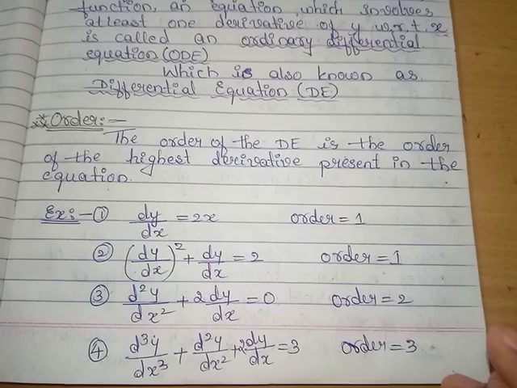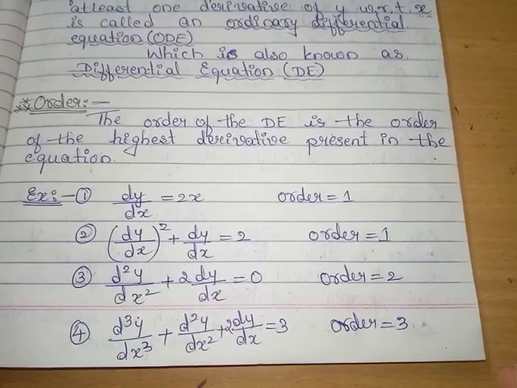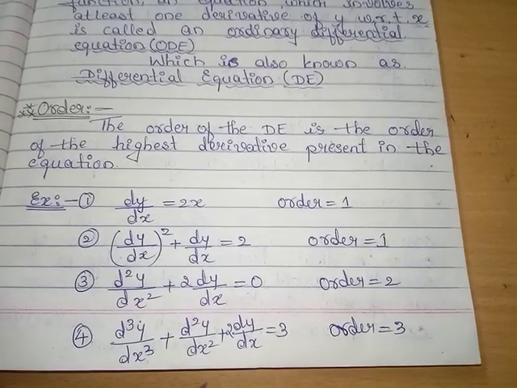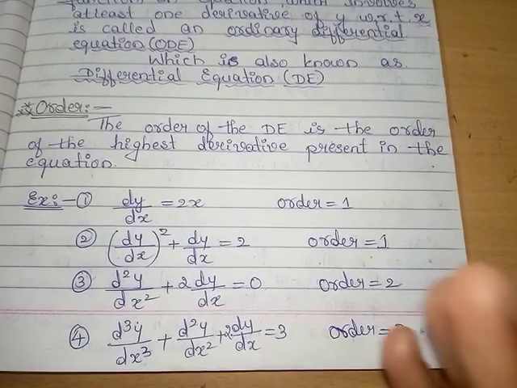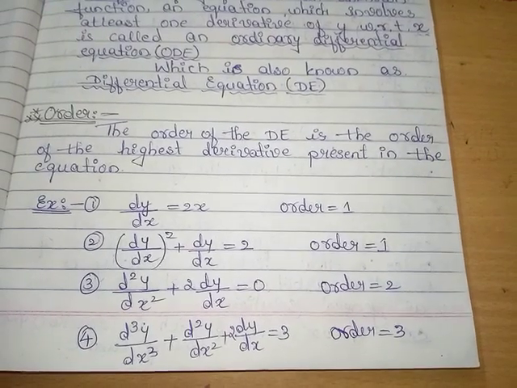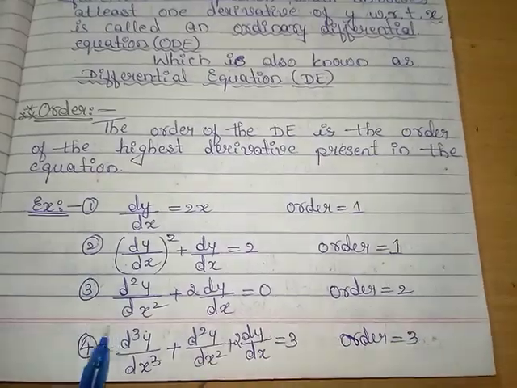Here, when we write a differential equation, we get two concepts, two definitions, that is order and degree. We have to understand what is the order of the differential equation and what is the degree of the differential equation. Let us see the definition of order.